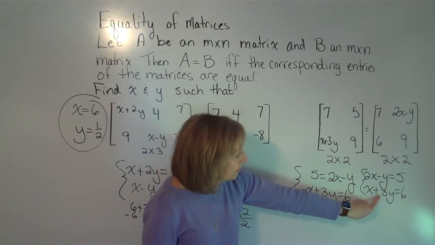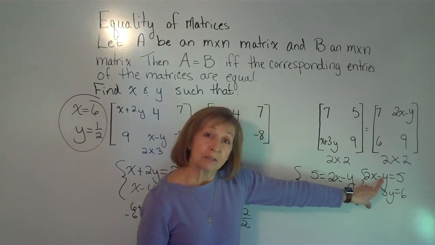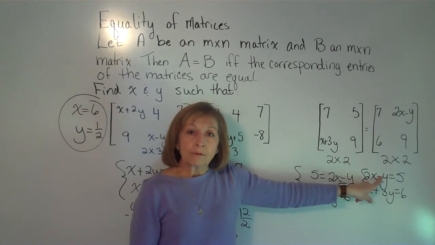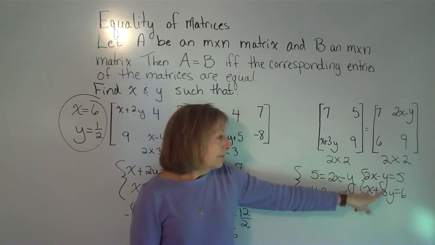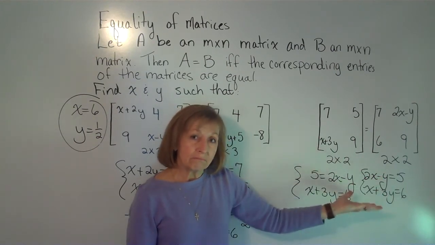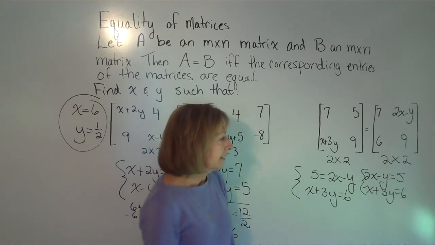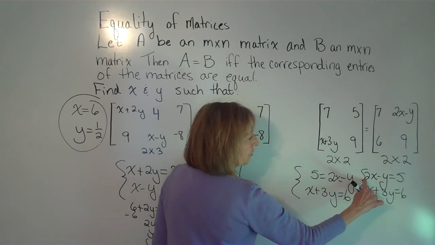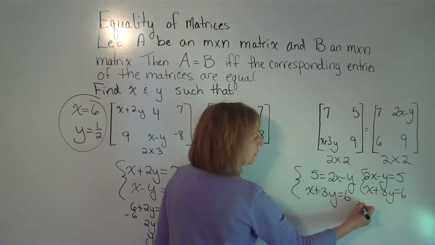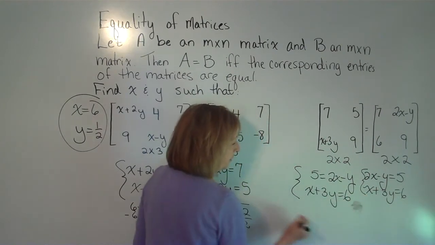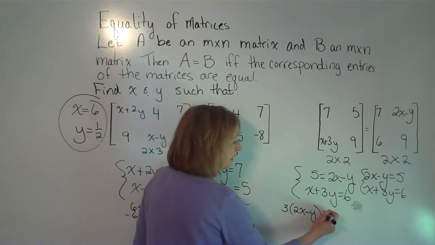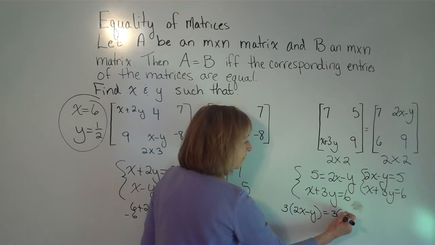So since this is a plus 3y, I just need to multiply this top equation by 3, and that would give that coefficient to be a negative 3y, and then those would be opposites and they would eliminate when I combine. So we're going to multiply the top equation by 3. So 3 times the 2x minus y is equal to 3 times the 5.